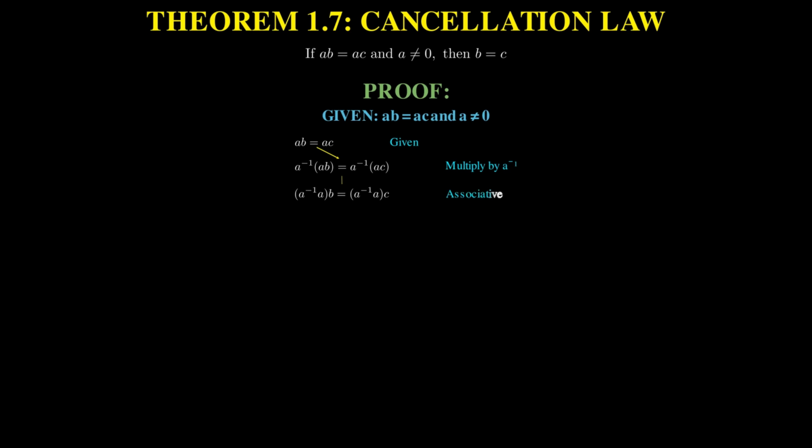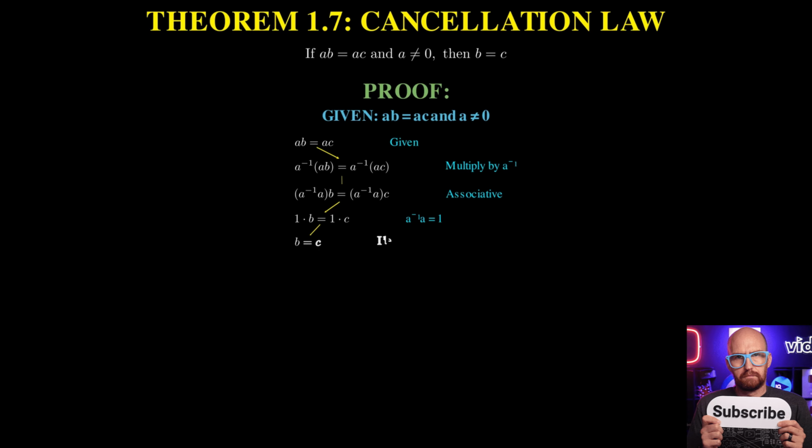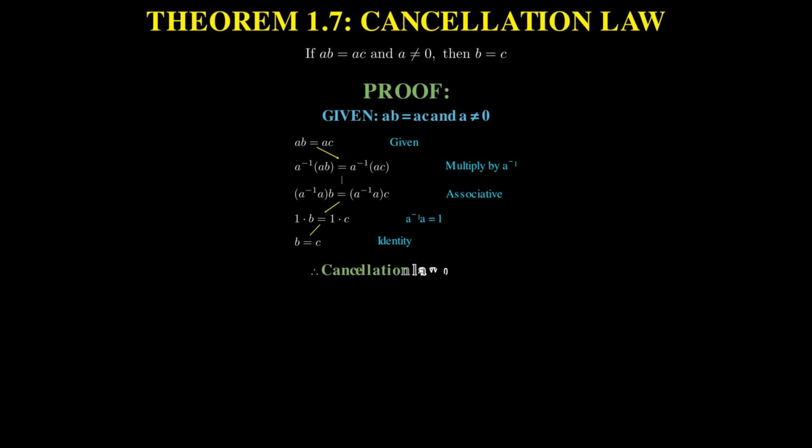By the associative property, (a inverse times a) times b equals (a inverse times a) times c. Since a inverse times a equals 1, 1 times b equals 1 times c. By the identity property, b equals c. Therefore, the cancellation law is proven.